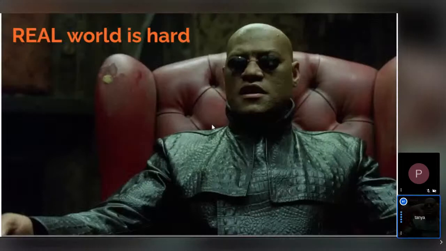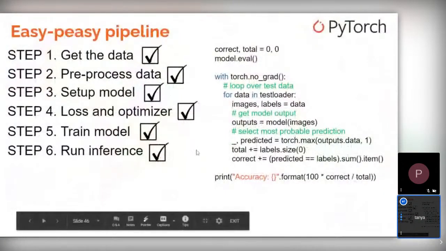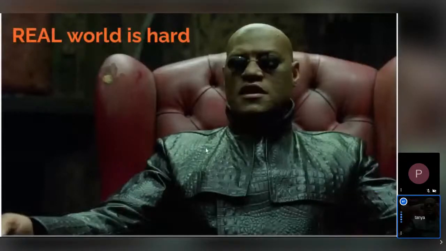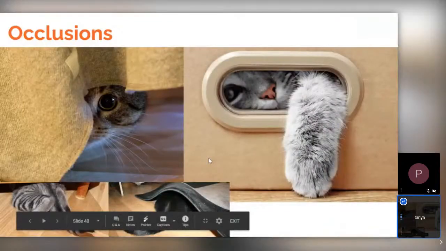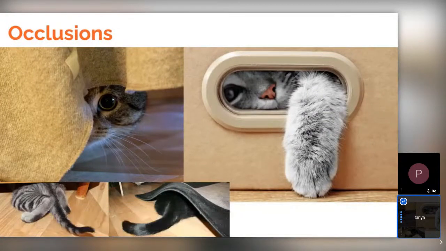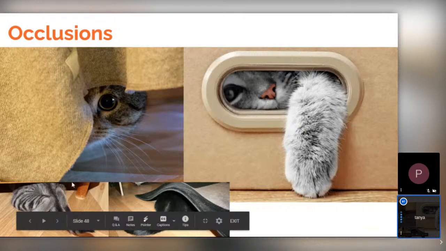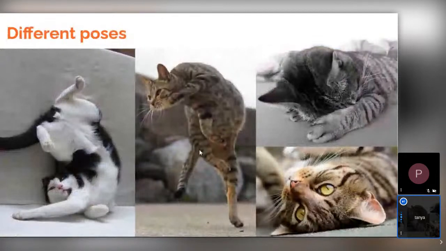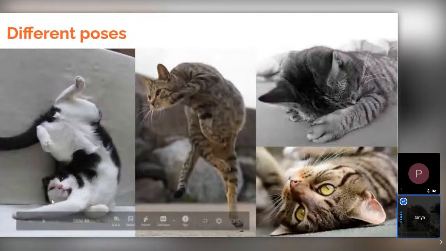However, this was a toy example, so we've done it in like 5 minutes, but in the real world, everything is not quite like that. The real world is hard. And why is that? Because in the real world, we have very different examples. For instance, you need to classify a cat, but your cat can be hiding somewhere and your computer program needs to deal with that. You can also have different poses of the cat that you didn't expect, and your program probably didn't expect that.